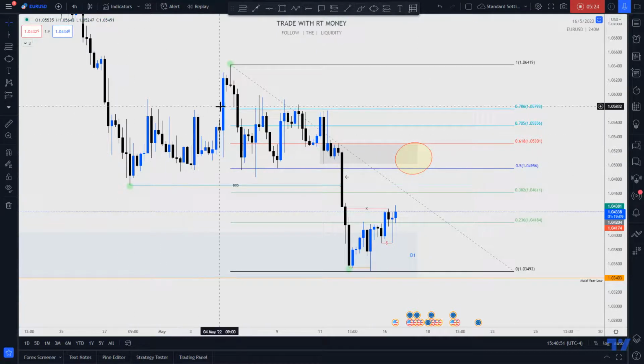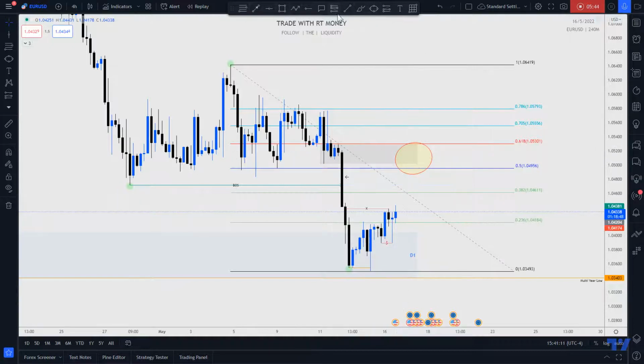After all of this, this is AMD: accumulation, manipulation, and then distribution. All right. I'm looking for price to come back up, retest this area. Really, it's mitigating a zone of supply.